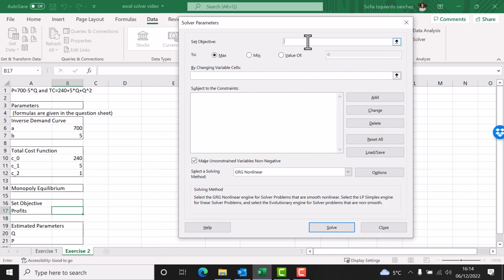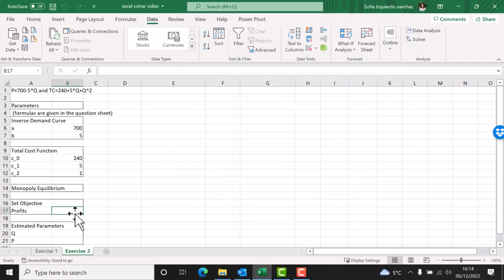Now, you need to tell Solver what's going to be your objective function to maximize. In this case, we want to maximize profits. So this has to be a function. So we're just going to have to write here the profit function. And remember, this is equal to the total revenue minus the total cost.